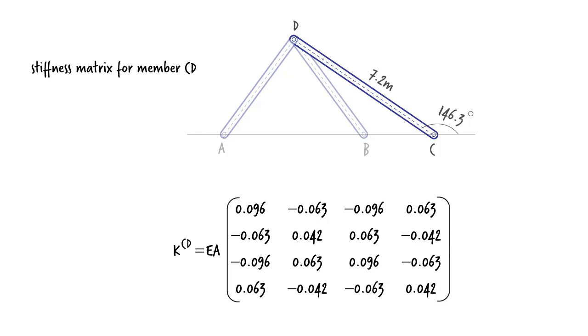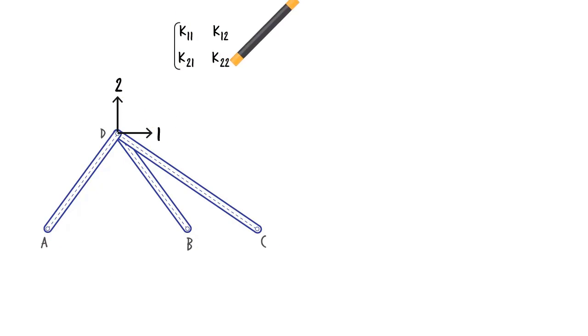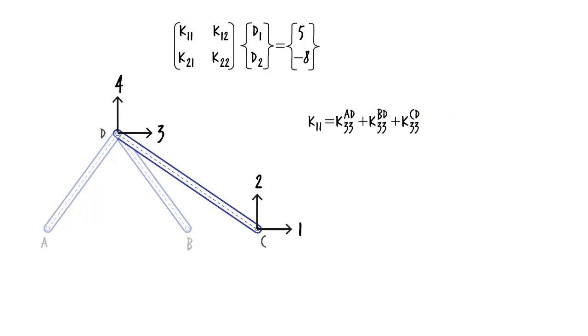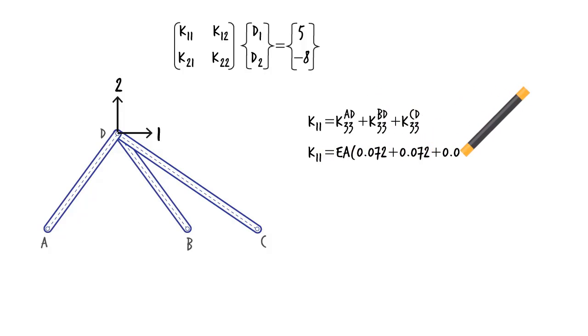We are now ready to determine the coefficients of the system stiffness matrix. Please review Lecture SA47 if you are not sure how this is done. K11 of the system matches K33 of AD, K33 of BD, and K33 of CD. Thus, substituting in the member stiffness matrices, K11 becomes: K12 of the system matches K34 of AD, K34 of BD, and K34 of CD.